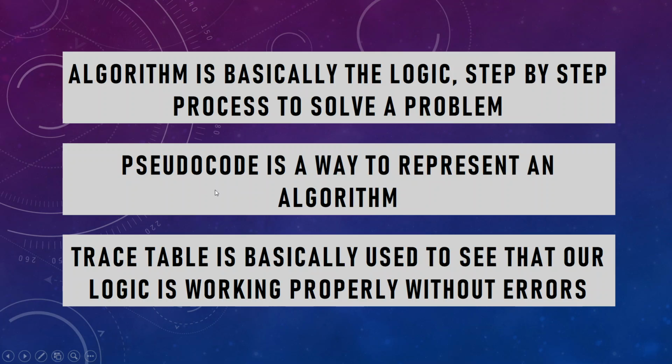Then what is a pseudocode? A pseudocode is a way to represent an algorithm. When we want to represent an algorithm, we use a pseudocode. It is a general way of representing an algorithm and is not associated with any particular programming language.